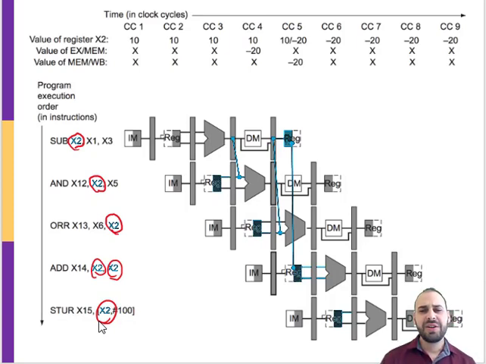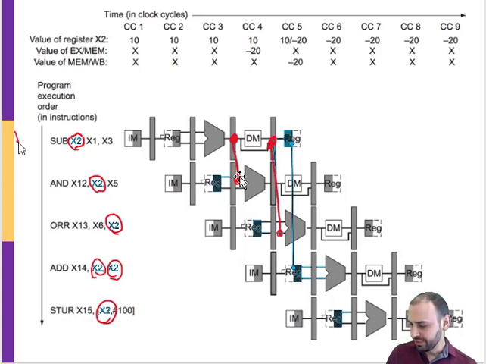What we want is a connection here in which we send the output, that sum of register 1 and register 3, as an input to the ALU, to the first input operand in this AND instruction. And we also want to do that for the OR instruction.